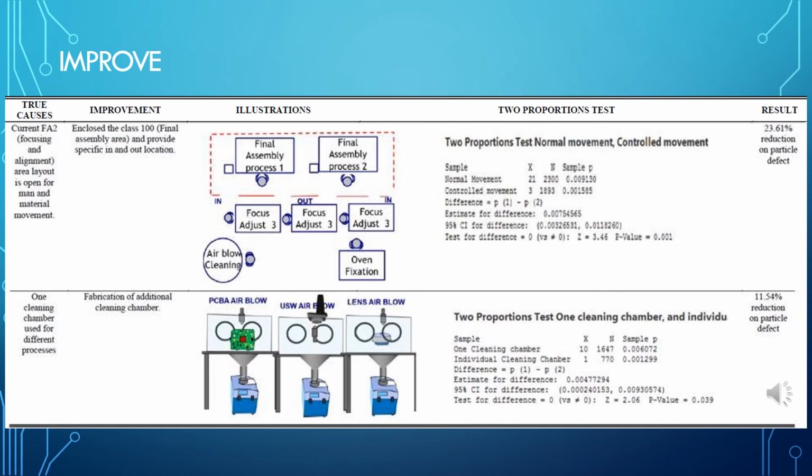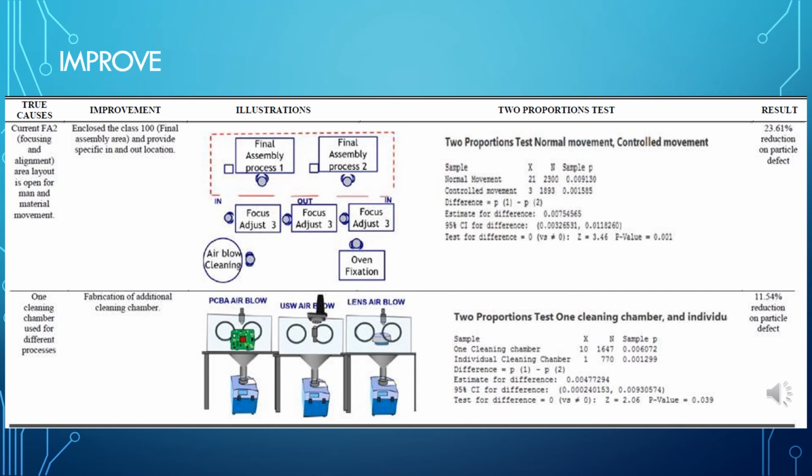And the last true cause is the one cleaning chamber used for different processes. Again, I performed a two proportions test, one cleaning chamber versus individual. The result is an 11.54 reduction on particle defect. The improvement here is that we had fabrication of an additional cleaning chamber.